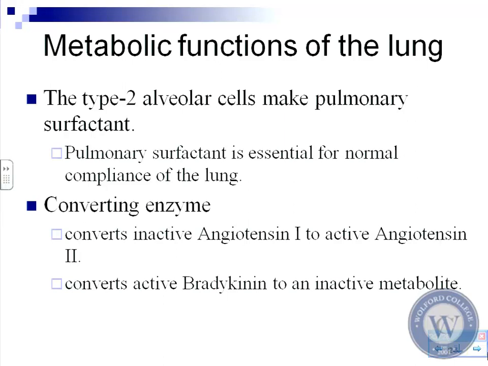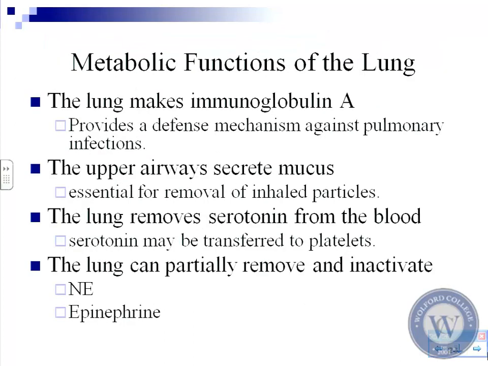You also have converting enzyme, which, remember, we talk about ACE all the time, angiotensin converting enzyme, which converts angiotensin 1 into angiotensin 2. The other thing it does is convert active bradykinin into an inactive metabolite, which is also important for blood pressure control as well as coagulation.